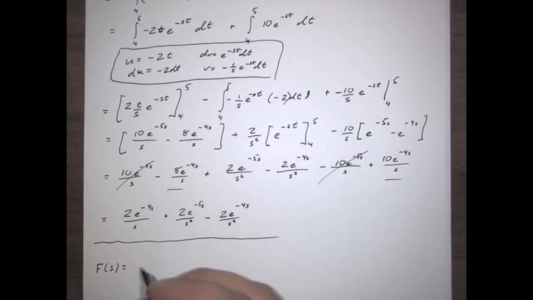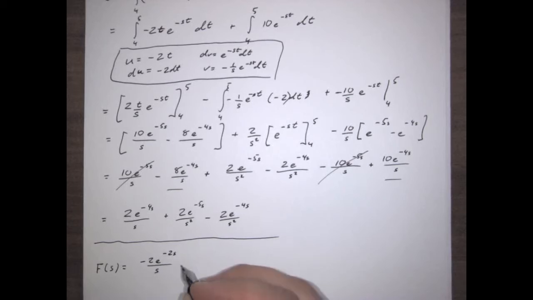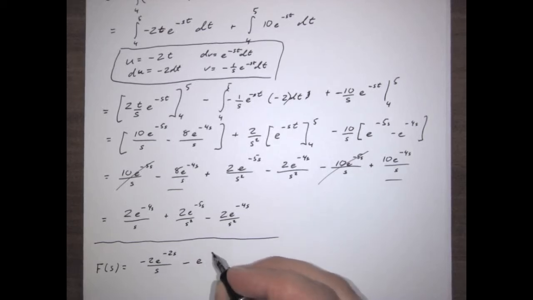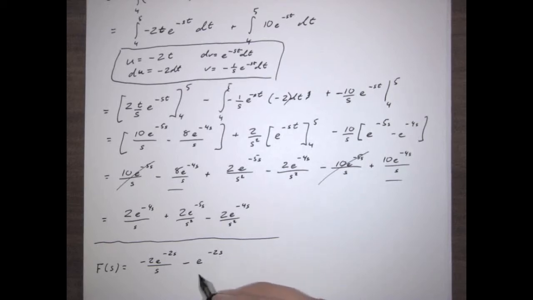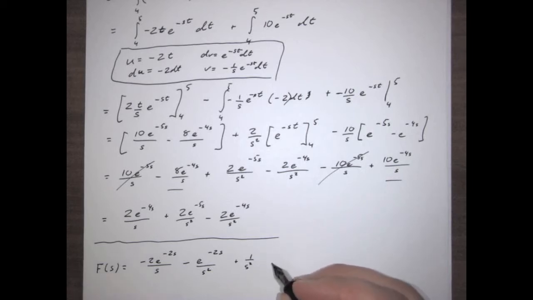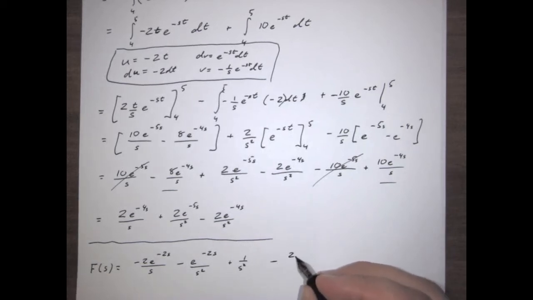So now the pieces are, from I1 we had negative 2 e to the negative 2s over s minus e to the negative 2s over s squared plus 1 over s squared. And then from the I2 side of things, we had minus 2 e to the minus 4s over s.